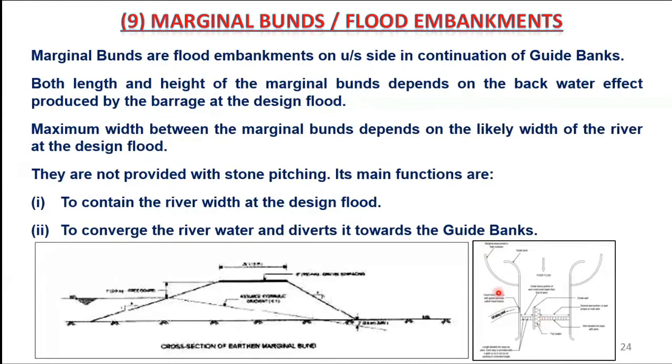If we do not provide these marginal bunds, what will happen during flood days? Water will spread up to here and then it has to pass like this. So it will flow from the outer side of the guide banks, and stone pitching is not provided over there, so this can easily scour and damage the barrage guide banks.